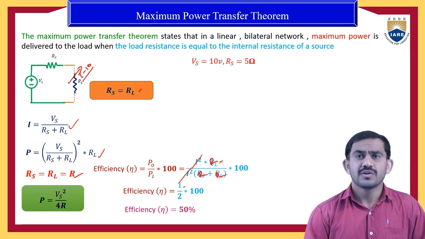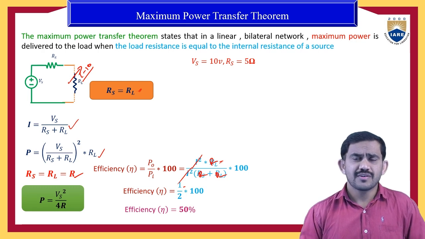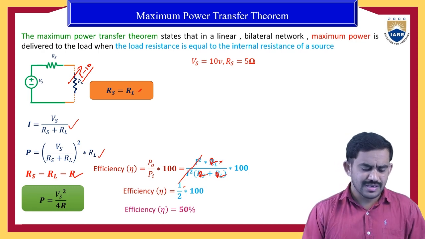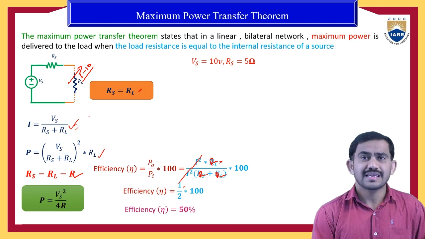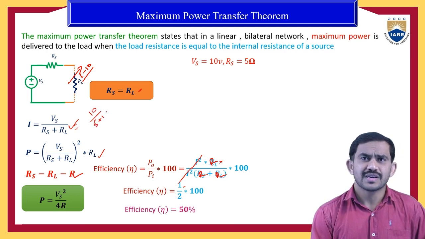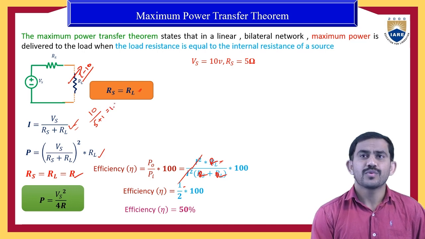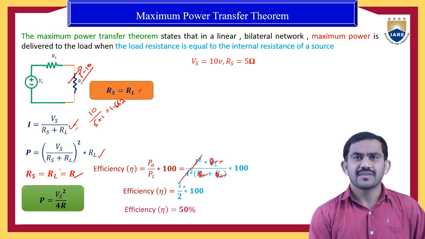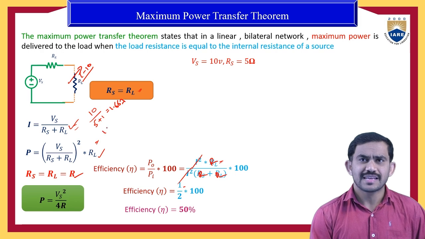Now RL is 1. From this we get I equal to Vs, which is 10, divided by RS, which is 5, plus RL, which is 1. How much will you get? 1.667. And what is the power now? Power is 10 by (5 plus 1) whole squared into 1.